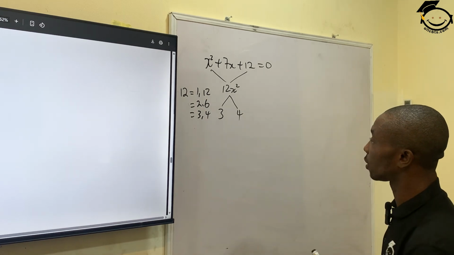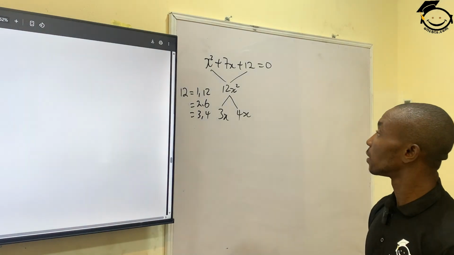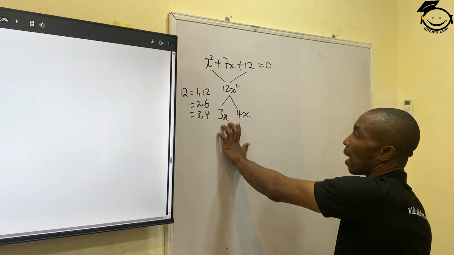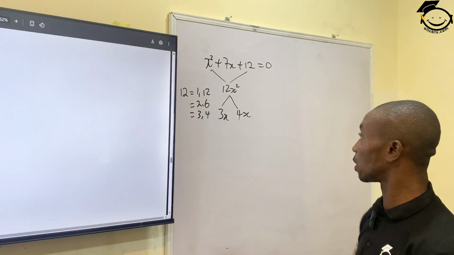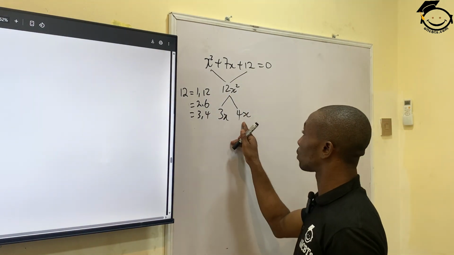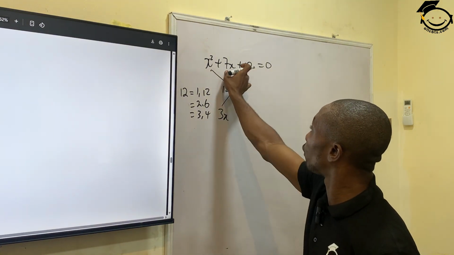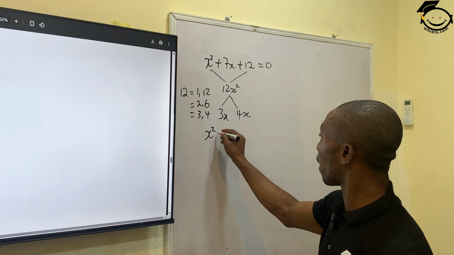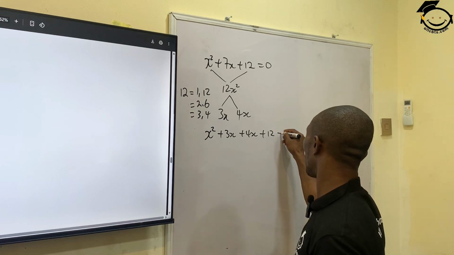Now the next thing to consider, is it positive or negative? Since it's positive, both will remain positive because 3 plus 4 will give us a positive 7 and 3 times 4 will give us a positive 12. So now, replacing this for 7, we have x squared plus 3x plus 4x plus 12 equals 0.